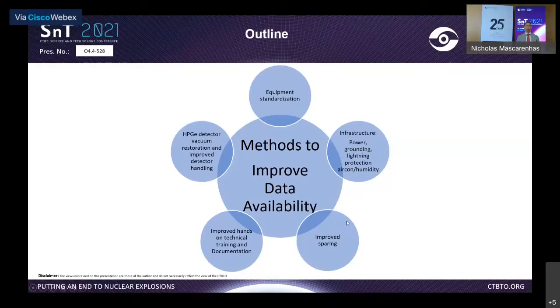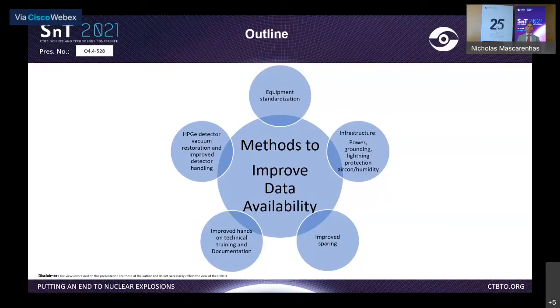So a brief outline of the presentation today. There are some key methods that have been put in place by our unit that have led to improved data availability. And I'll go over and show you some examples on each one of these key measures. Very briefly, the first one is equipment standardization.